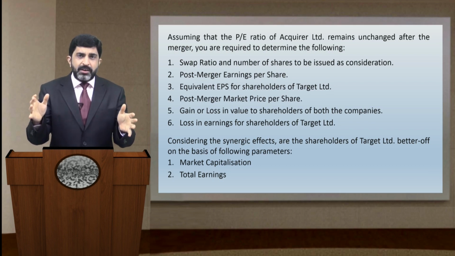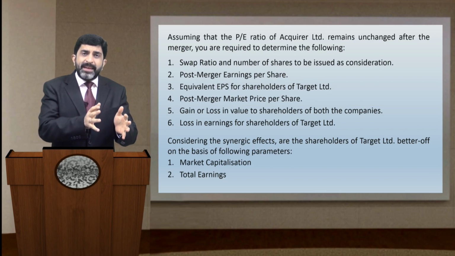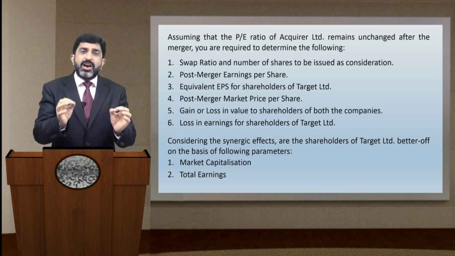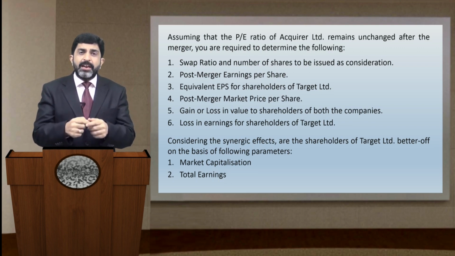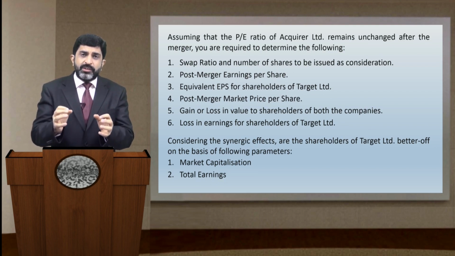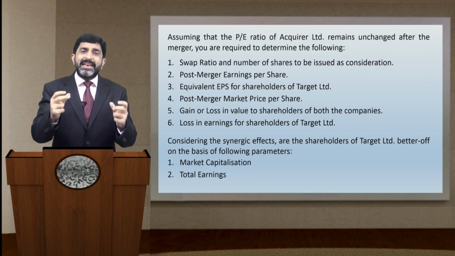So what will happen when you apply the stock swap on the basis of market price per share? You will be getting a lesser number of shares to be issued as consideration. On the other side, when you consider EPS as the basis of acquisition, the number of shares to be issued as consideration will increase.